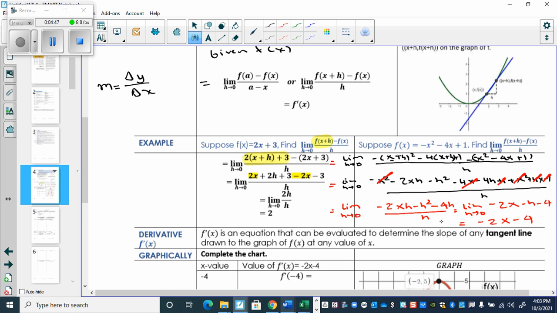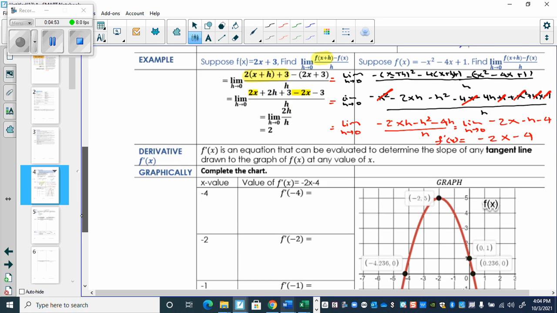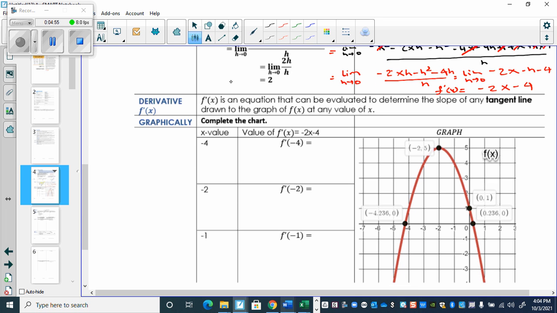And that is literally the derivative. This is the answer to that question there. So f prime of x, that's how we say it, f prime of x, is an equation that can be evaluated to determine the slope of any tangent line drawn to the graph of f of x at any value of x.